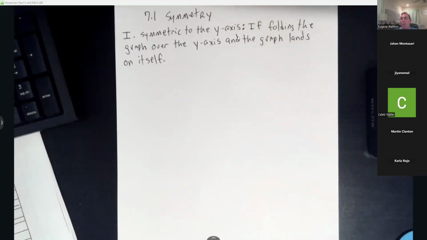It's like the y-axis is splitting the graph in half so that when you fold it over that y-axis, that right side lands exactly on that left side.